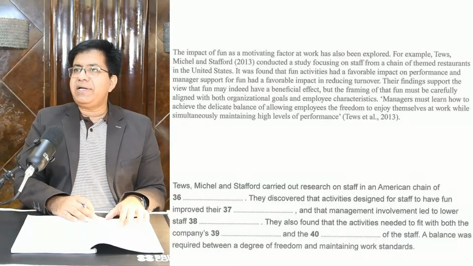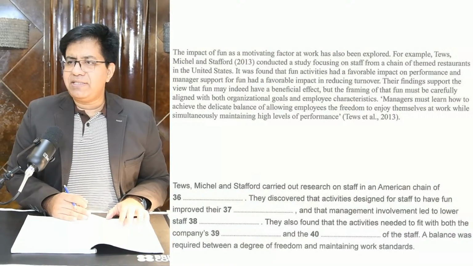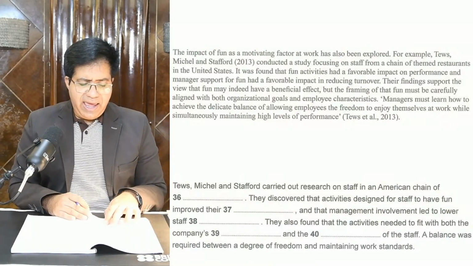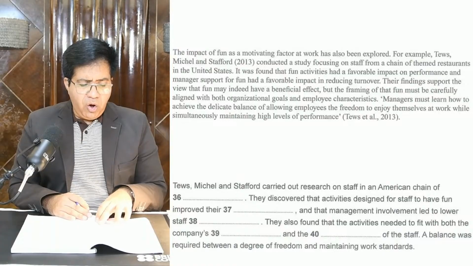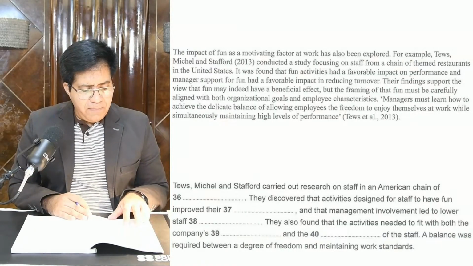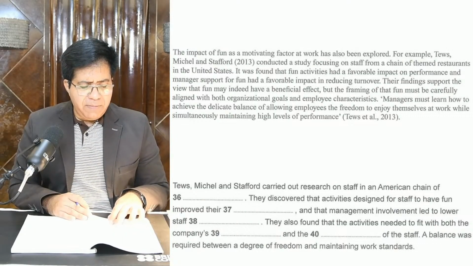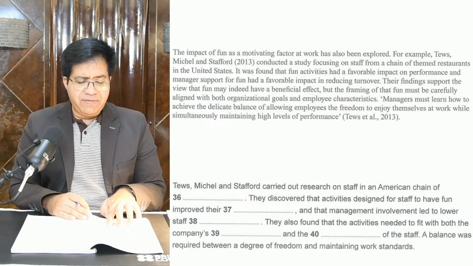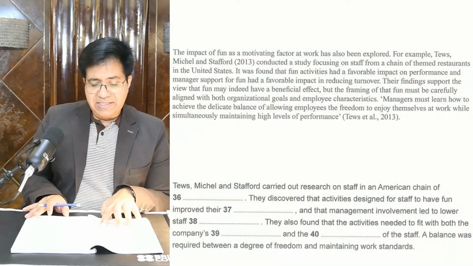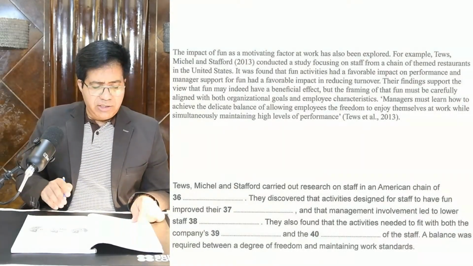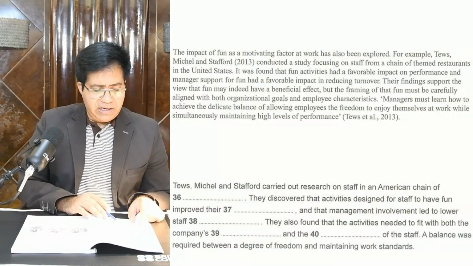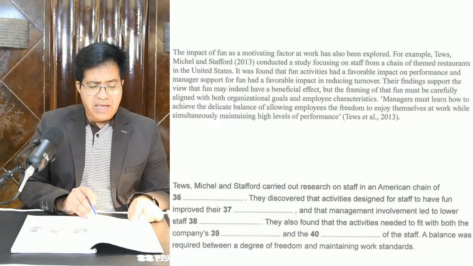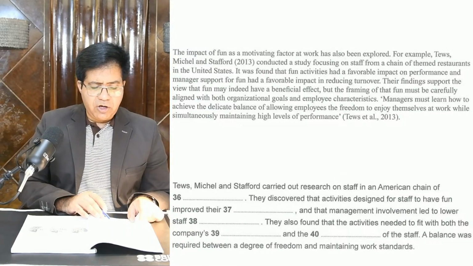It was found, third line, after the full stop: it was found that fun activities had a favorable impact on performance and manager support for fun had a favorable impact in reducing turnover. So, fun activities had a favorable impact on performance. That's right. They mentioned over here very clearly, they discovered that activities designed for staff to have fun improve their performance. And then they talk about the next thing.